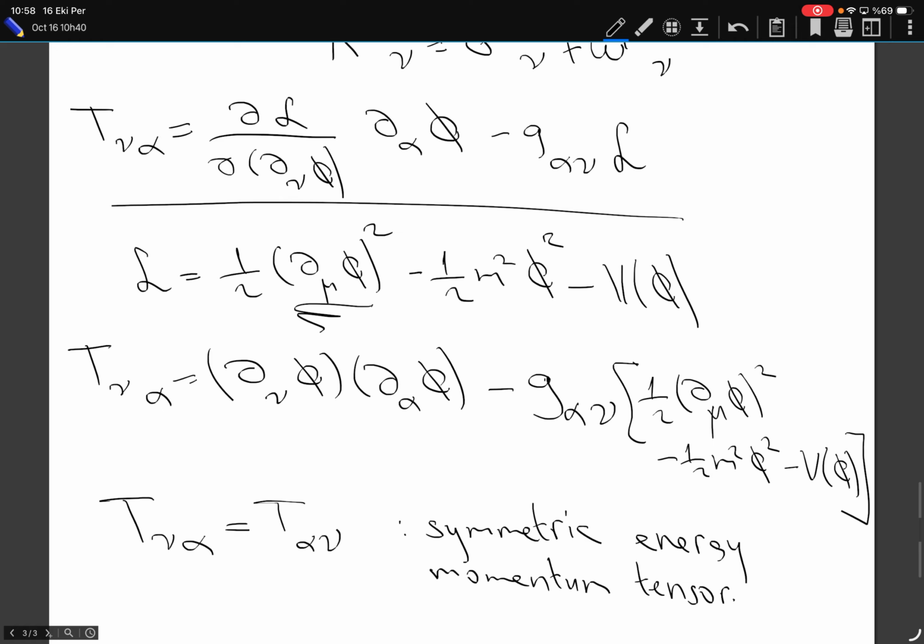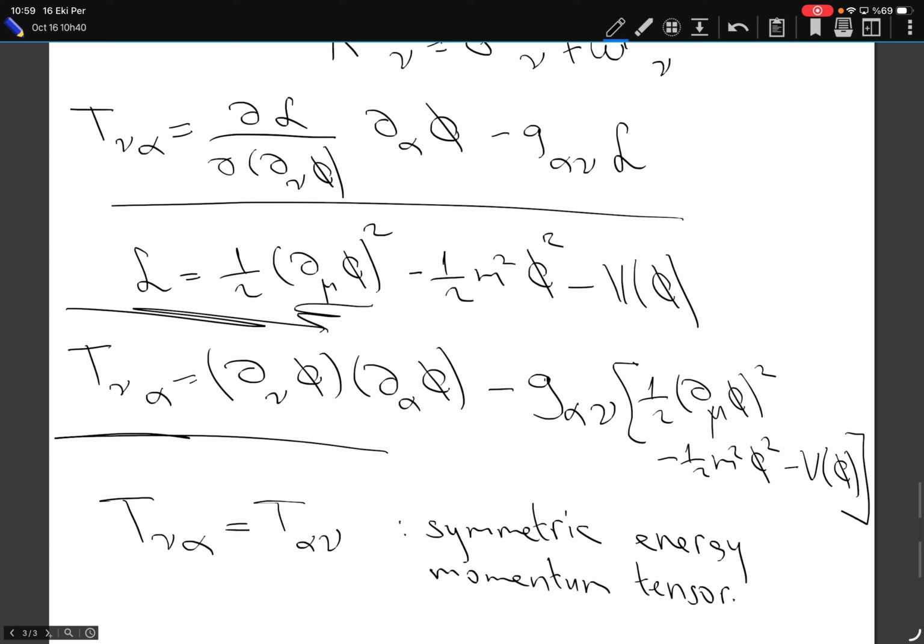But if you look at this definition, the last term is symmetric under the exchange of indices, but there is no reason for the first term to be symmetric under the exchange of indices. It's just for this case, for the real scalar field, it turns out to be symmetric.